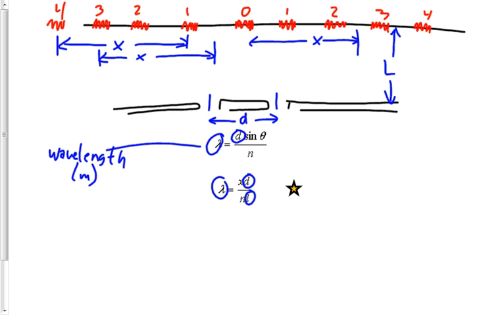Well, how does that work? We'll reconcile that in just a second, okay? X is the distance from any maximum or minimum to any other maximum or minimum. They'll probably give you X, yeah.